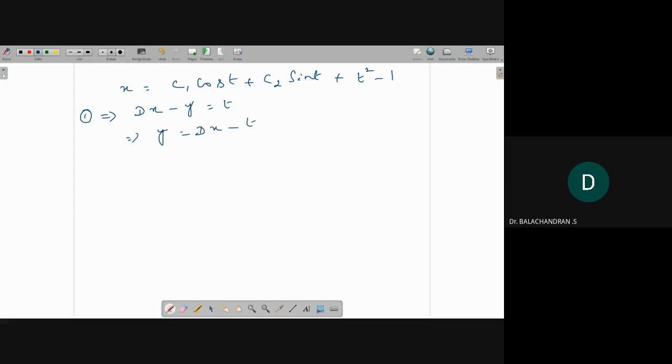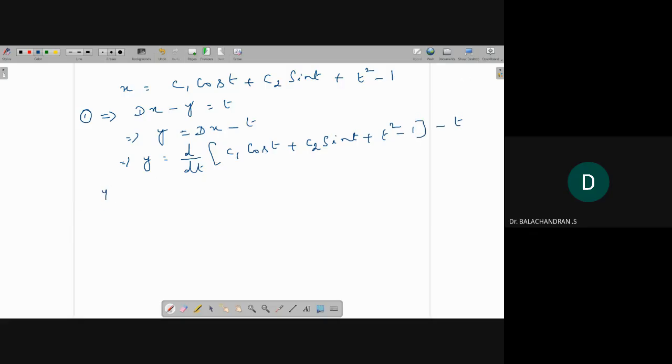So this implies y equal to d/dt of x, where x is c1 cos t plus c2 sin t plus t square minus 1. Okay, now minus t.